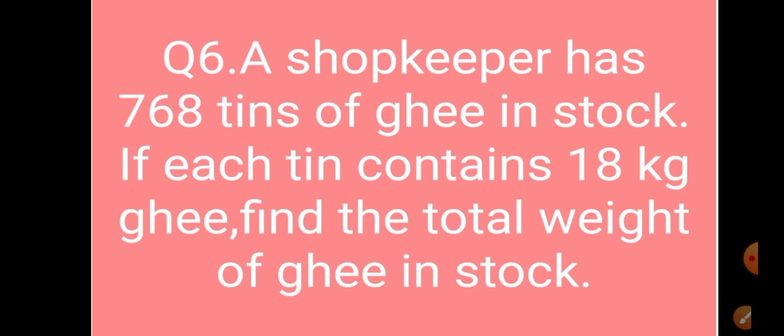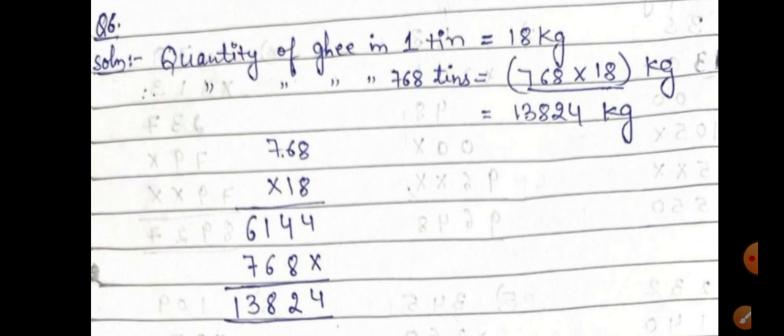Next example is, a shopkeeper has 768 tins of ghee in stock. If each tin contains 18 kg ghee, find the total weight of ghee in stock. So quantity means कितना घी है. The quantity of ghee in one tin is given, that is 18 kg. Now we have to find the quantity of ghee in how many tins? 768 tins.